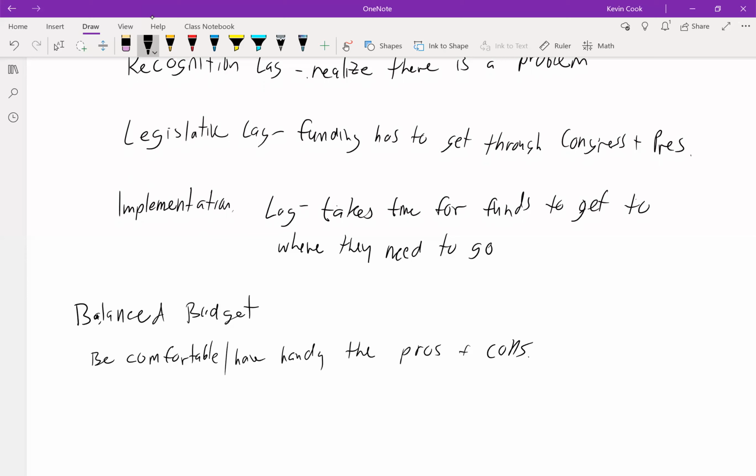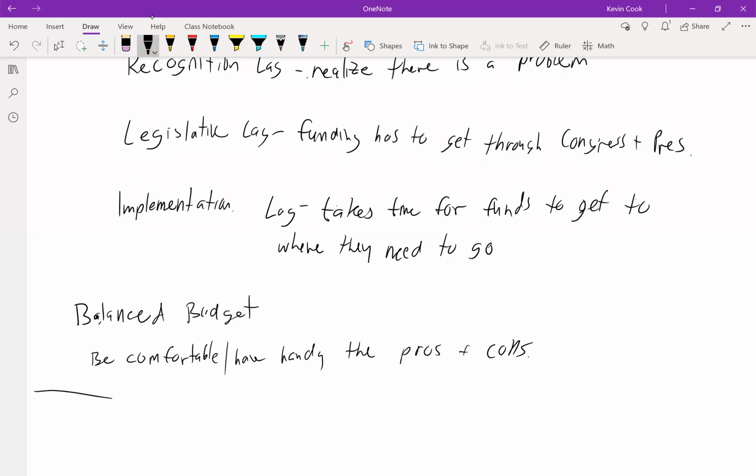And oftentimes, if we do invest in our country, the investment will pay off more than the additional loan will charge in interest. So again, just look over those reasons for why we'd be for and against a balanced budget amendment, and that will get us through our fiscal policy.